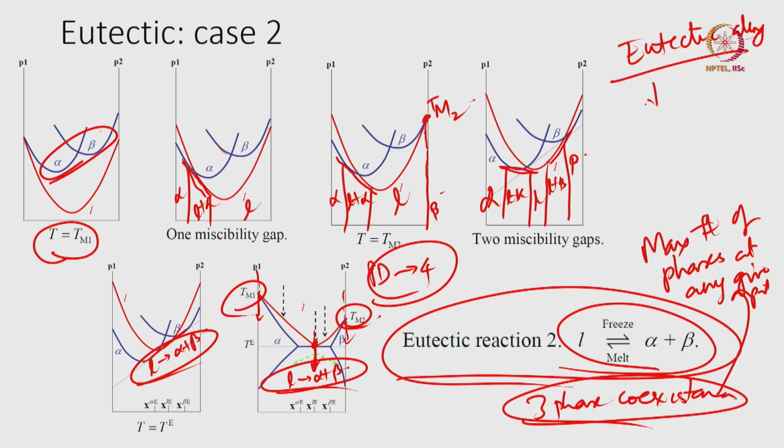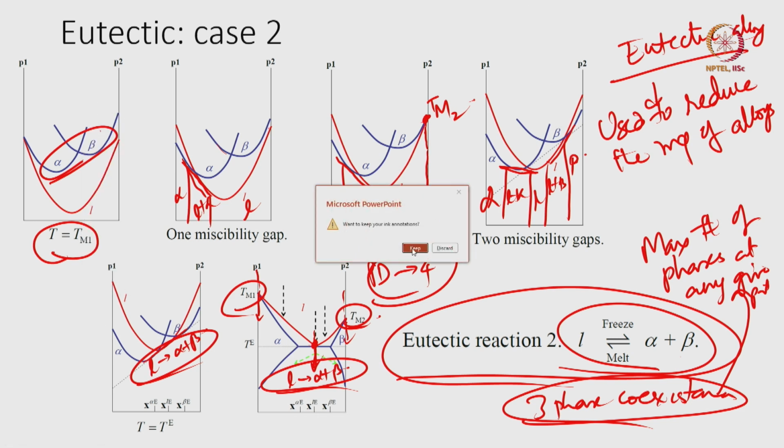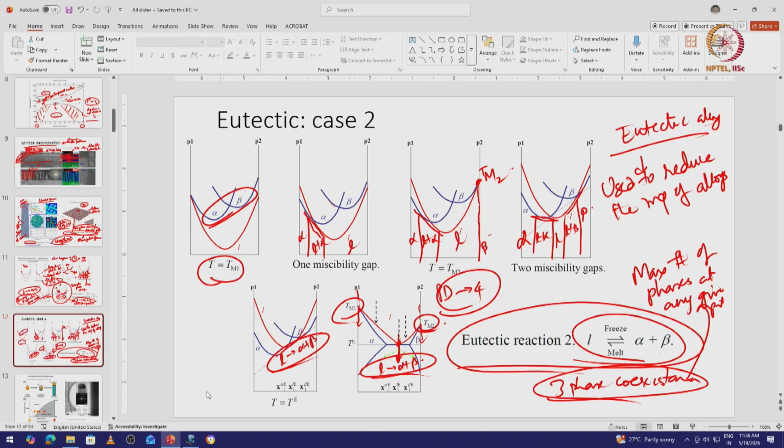This is in general used to reduce the melting point of alloys or materials. At the eutectic point I have the minimum melting point, so I can do processing at lower temperatures, I can heat and cool at lower temperatures.